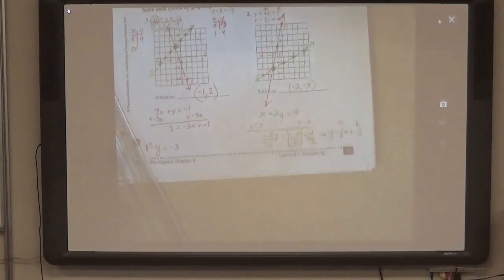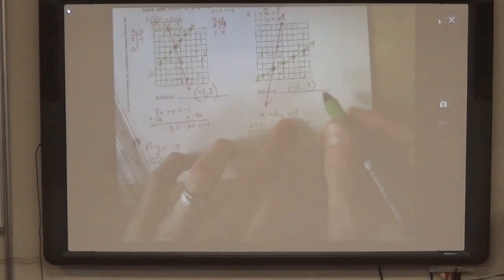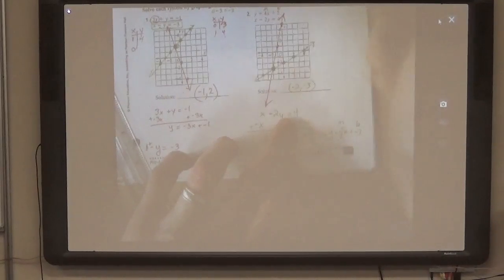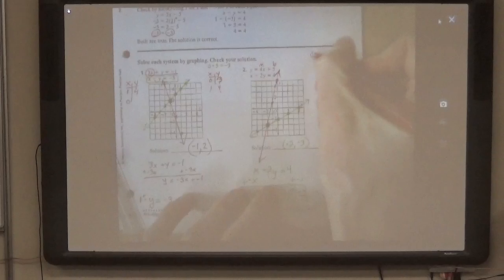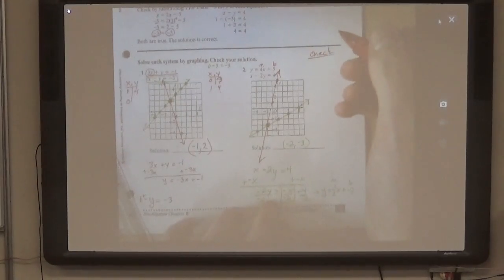Now, how do you check your solution? You have to put the point into both equations. Remember, we have to check and see if it makes both true. So, up here, put it into the first one.